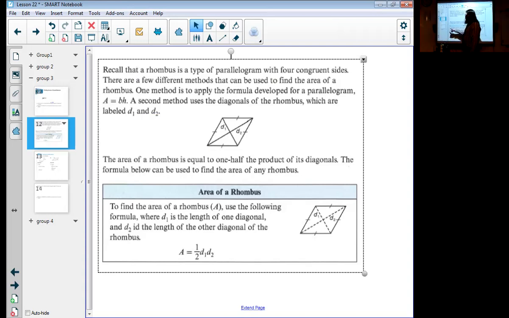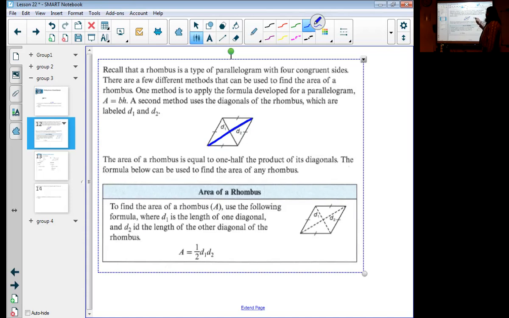So if we look, this is 2 triangles. Each diagonal turns this rhombus into 2 triangles. So if we look at this right here, it is going to be 1/2 BH for that triangle.